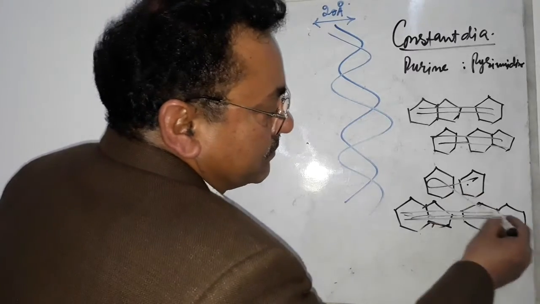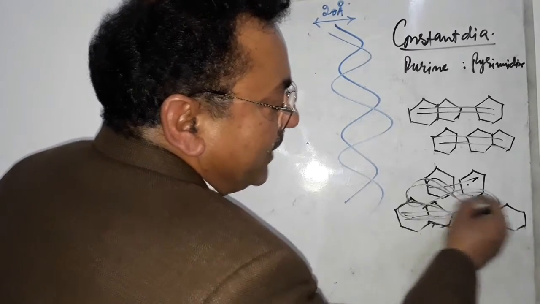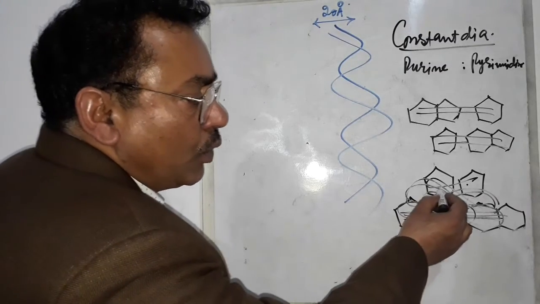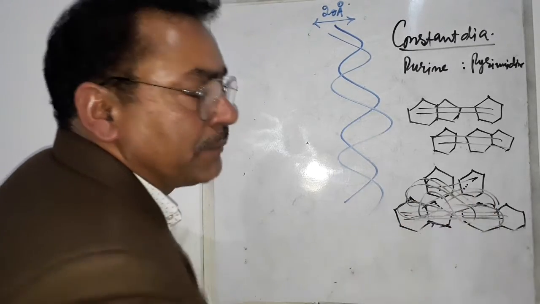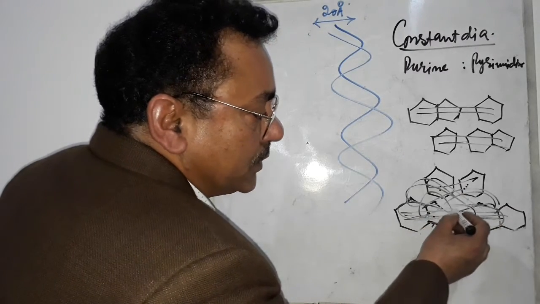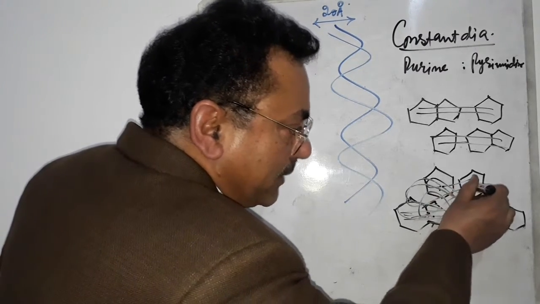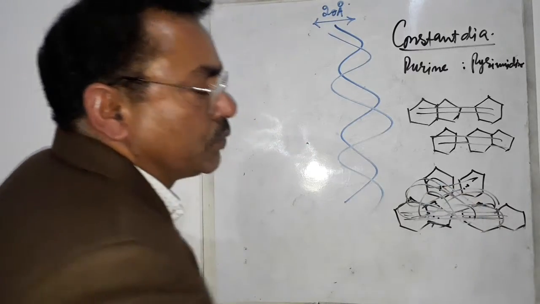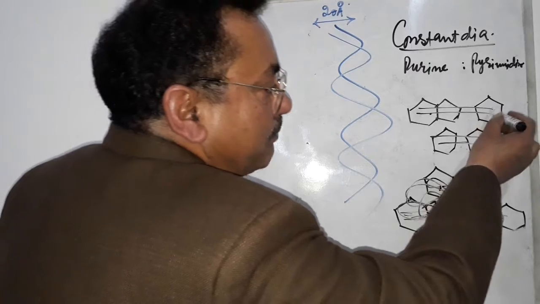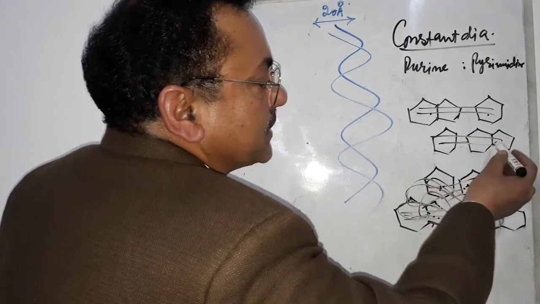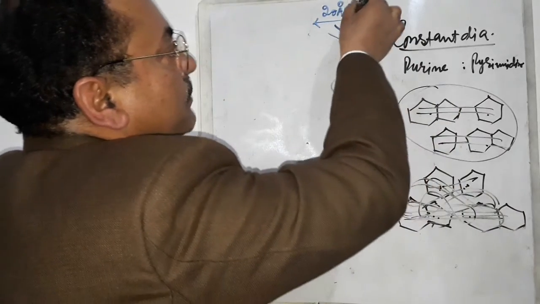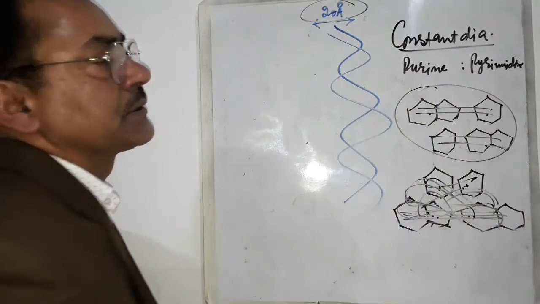So these situations do not arise in DNA. In DNA, no two pyrimidines can pair up, nor can two purines pair up. Only a purine pairs with a pyrimidine or a pyrimidine pairs with a purine. So that maintains the constant diameter of 20 angstroms in DNA.